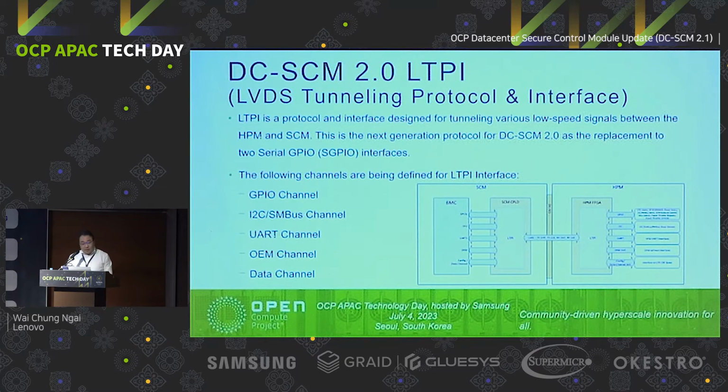So there are a lot of channels being defined under the LTPI interface, including the GPIO, I2C, UART for debugging, OEM, and data channels. So these are some of the channels that are being defined under the LTPI.